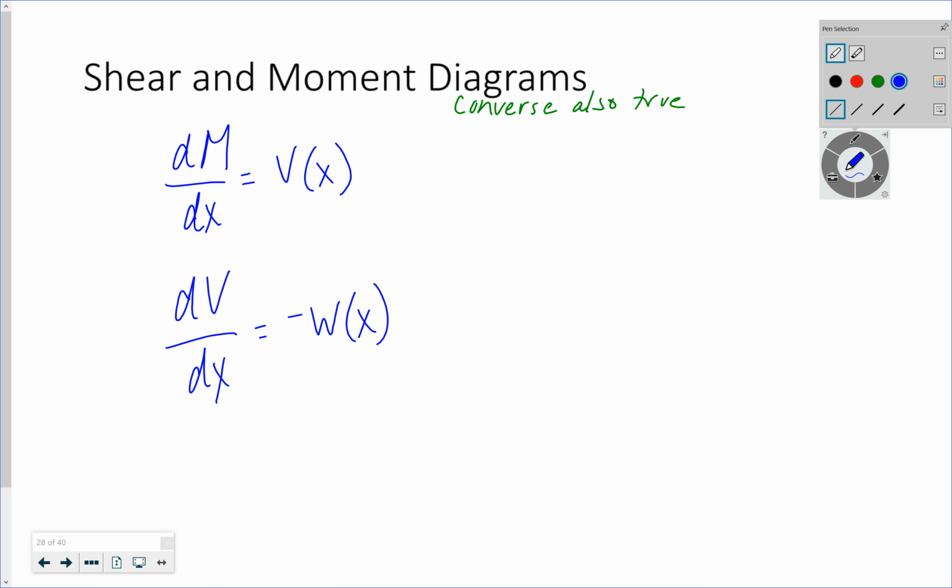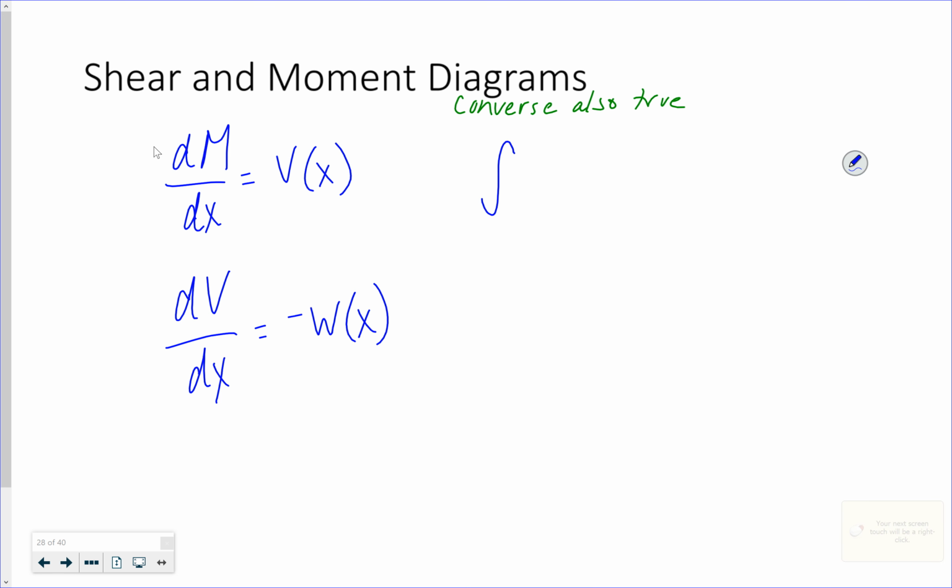If I take the integral of the shear function over that length, delta x, I get the change in moment.